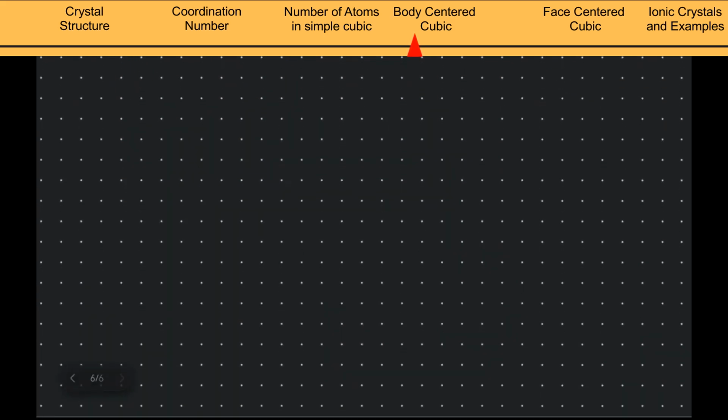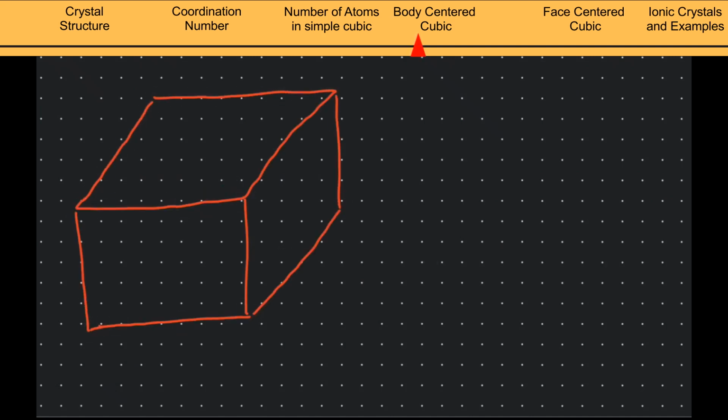And if we want to draw the close-packing structure, we have an atom here at the corner. It touches the central atom. This is the central atom.